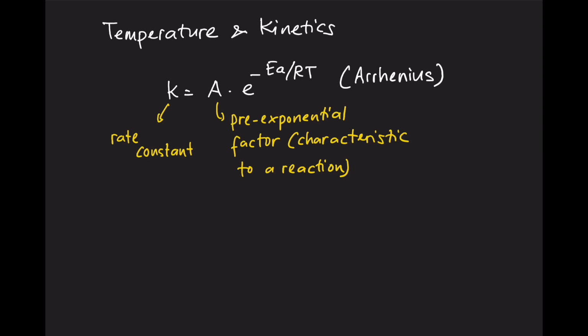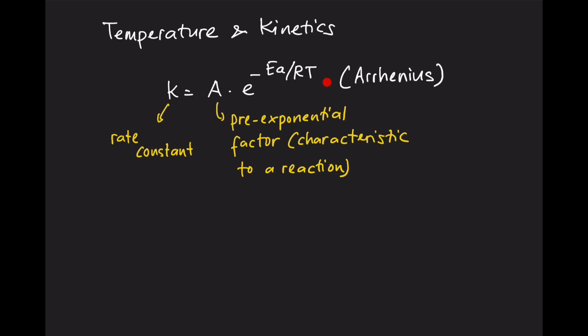We have discussed that Ea is the activation energy, or the threshold energy that needs to be overcome for a reaction to occur. R, as usual, is the ideal gas constant, and T, also as usual, is temperature in Kelvin.